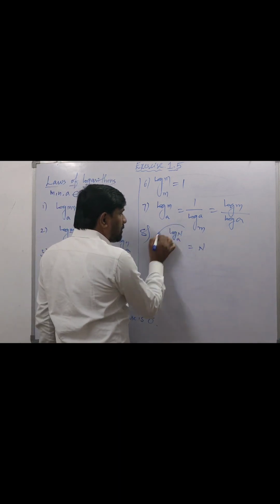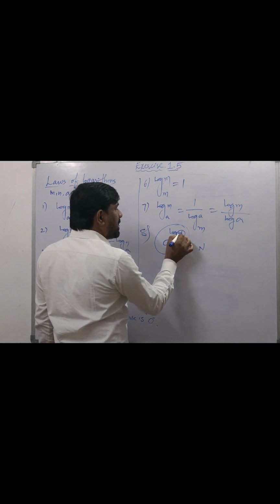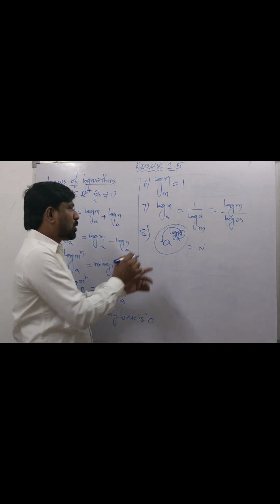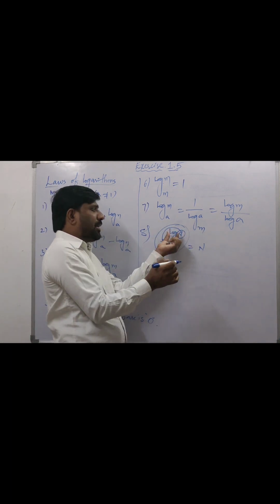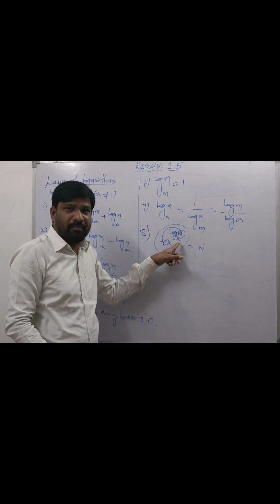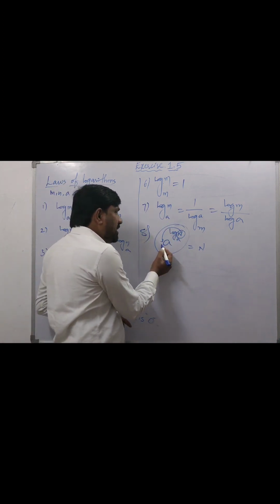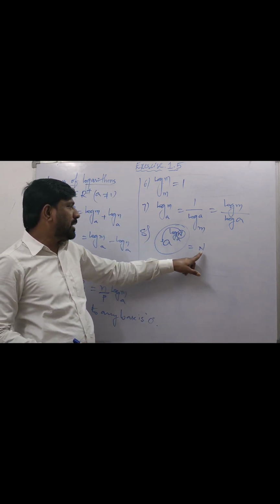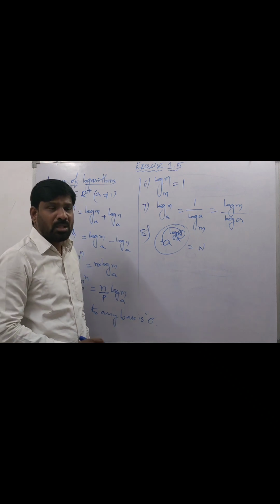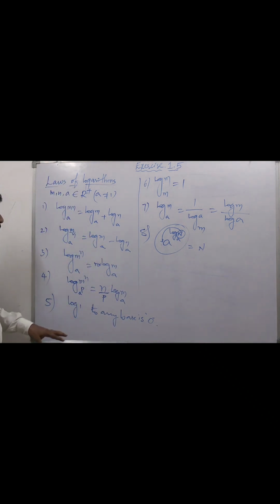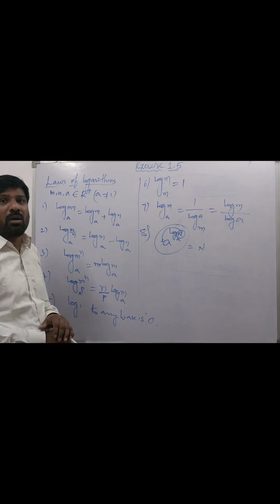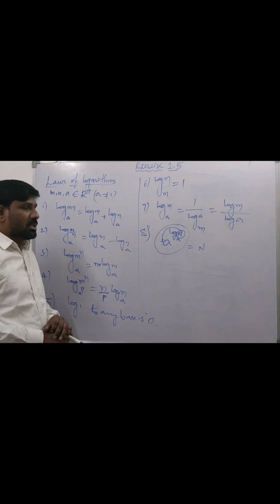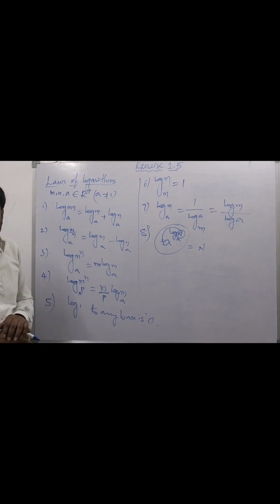Whenever the problem is in this form, we can interchange this base and this logarithm of the number. This total, logarithm of n to the base a, is in the form of a power x, and the base is a. This base a and this n can be interchanged. So a to the power log n to the base a can be written as n. Clear? So these are the formulas which we need to remember before proceeding with exercise 1.5. Right, so let us start the 1.5 exercise.